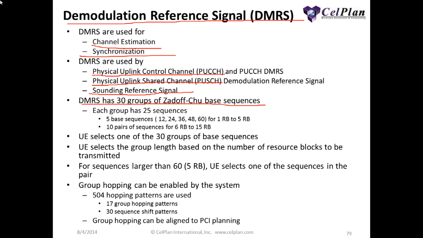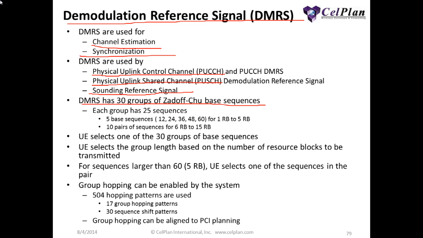DMRSs also use Zadoff-Chu base sequences, and there are 30 groups of those base sequences. Remember again that the Zadoff-Chu base sequences are not fully orthogonal to each other, but within a base sequence they are orthogonal to shifts of the sequence.